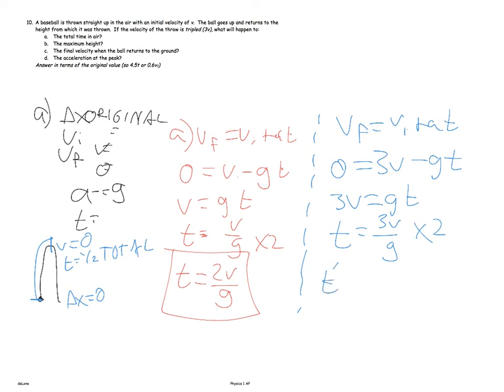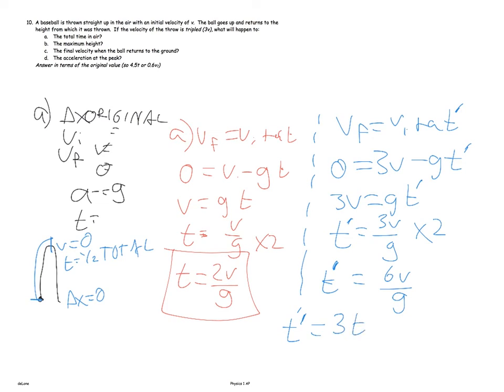And I get that my new time, I'm going to call it T prime, is going to be 6V over G. Right? So, how do the two times compare? That new time, T prime, is 3 times my original time T.